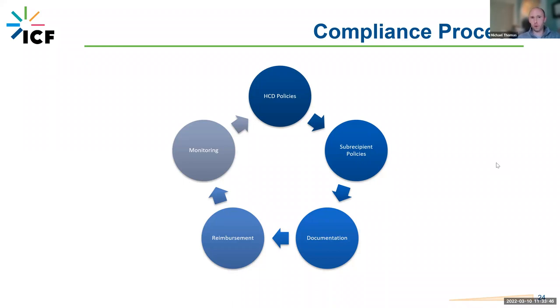That leads into reimbursement. I get the feeling you're probably going to want to look at some documentation as part of reimbursement until you get more entrenched in your ongoing monitoring process. And so that leads right through from reimbursement into monitoring. And it's just this circle that keeps going. But that is what the process looks like.